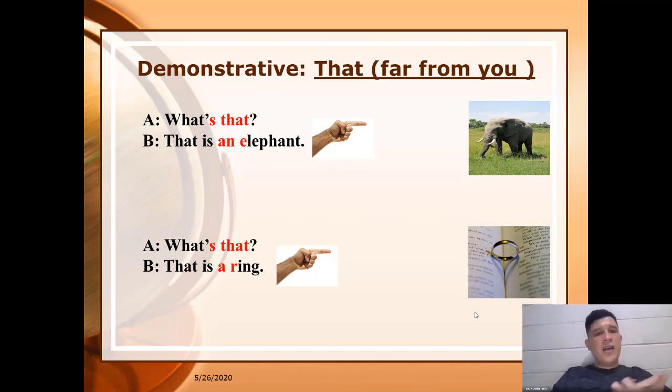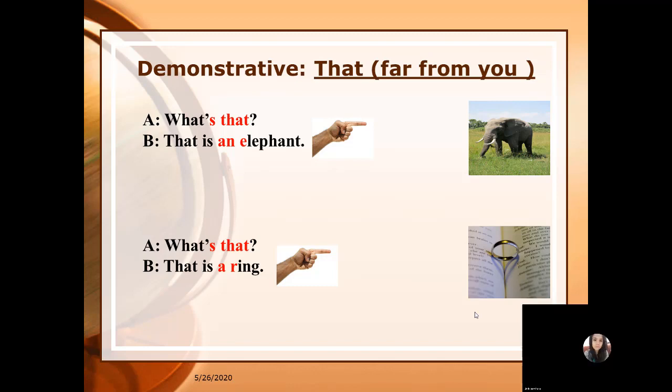Okay, now let's see. Who was the last one to answer the question? You, right, Cindy? Cindy, could you please ask Paola for the first question, right here. Paola, what's that?